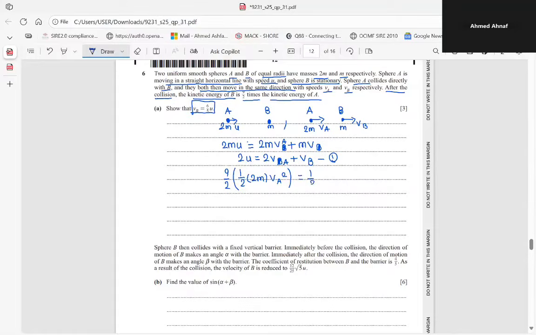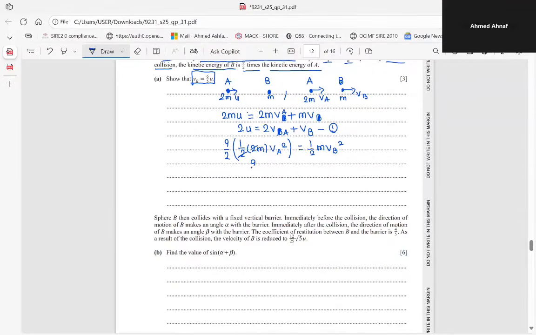This equals half m vB squared. So you would get 9 over 2 m vA squared equals half m vB squared. So multiplying both sides by 2, you get 9vA squared equals vB squared. Taking the square roots of both sides, you will finally get vB equals 3vA.